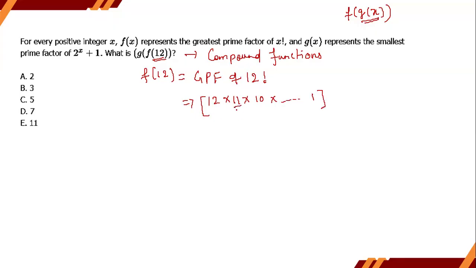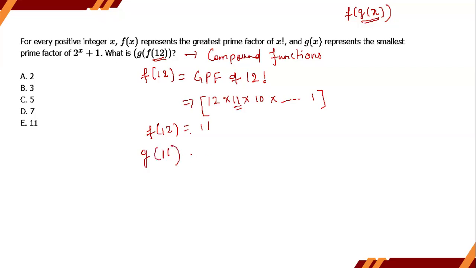The greatest prime factor is 11, right? So that means f of 12 is equal to 11. Okay, now once we have the value of f of 12, we will place it back for the value of g, right? So g of 11.